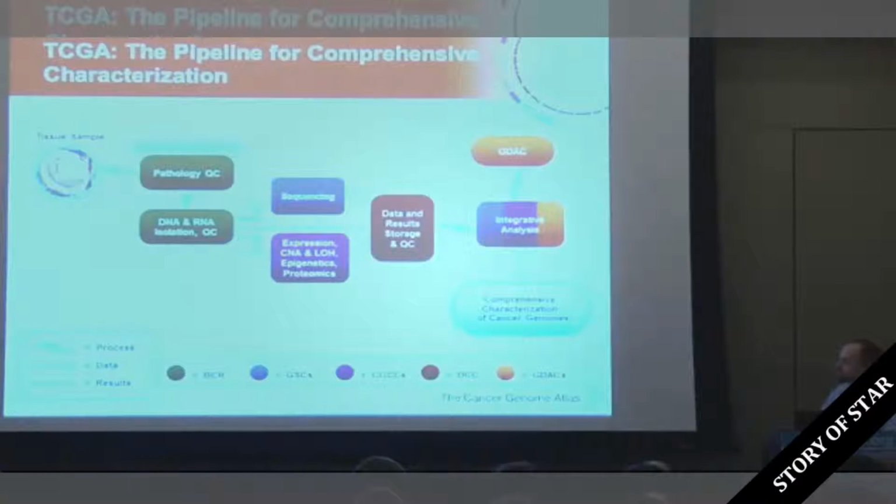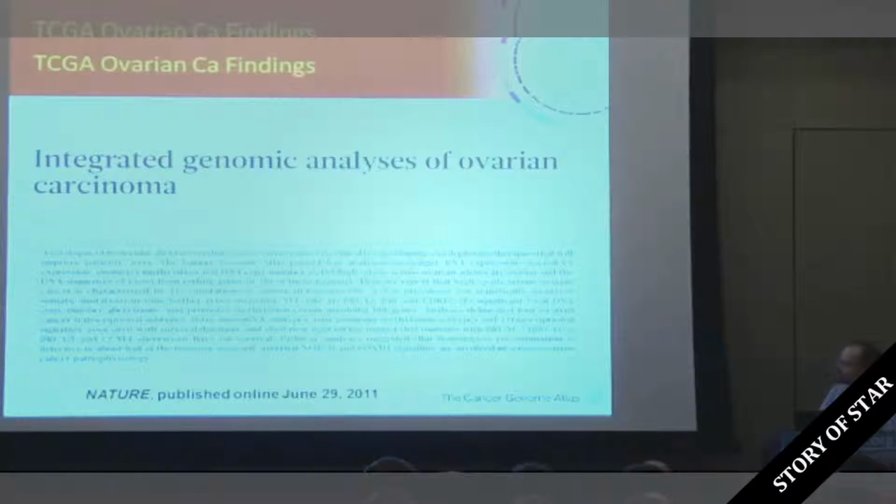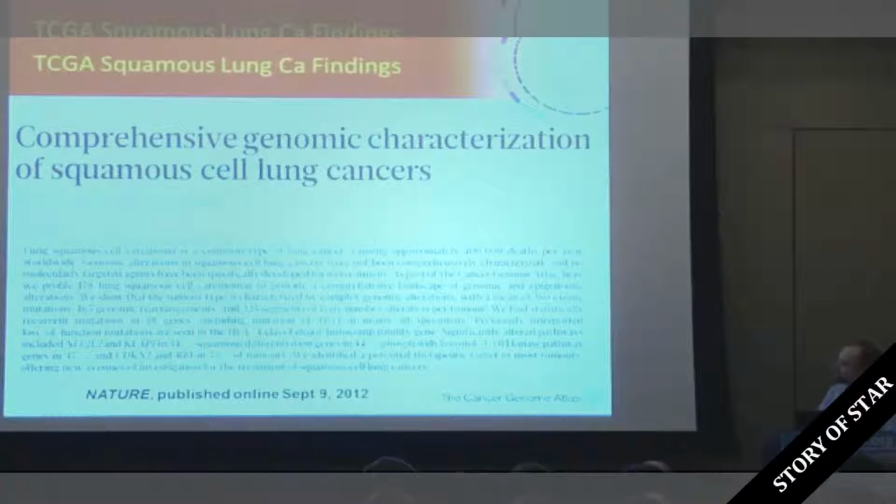This is the state-of-the-art for each tumor, far beyond what any individual lab can do, with an extremely sophisticated analysis of the results. This has been cranking along. This was the study of brain tumors that was published in 2008, the study of ovarian cancer published in 2011, and most recently the study of squamous lung cancers published a few weeks ago.